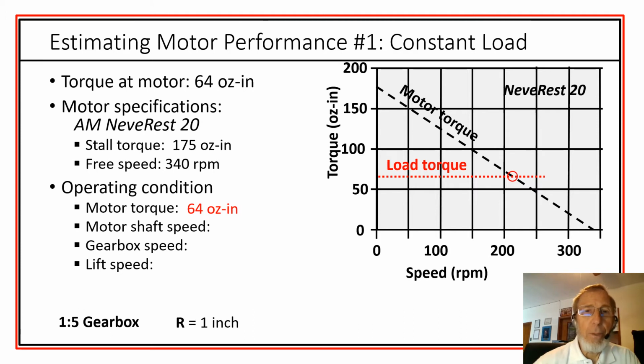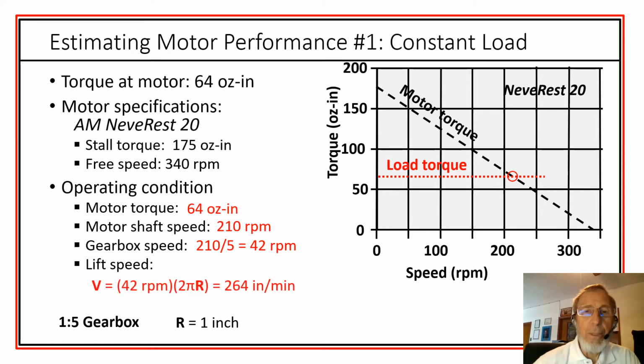So from this, we get 64 ounce-inches as the motor torque. The shaft speed we read directly from the graph, which is the speed at which that operating condition exists, 210 RPM. Then, knowing the characteristics of the gearbox, the gearbox speed would be 1/5 of 210, or 42 RPM.